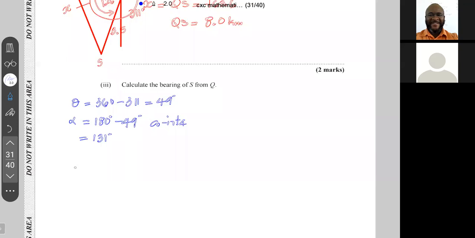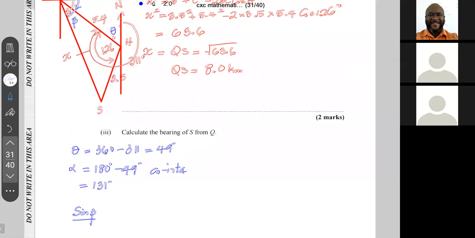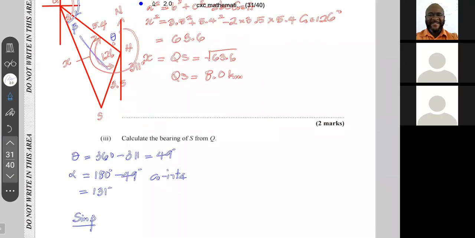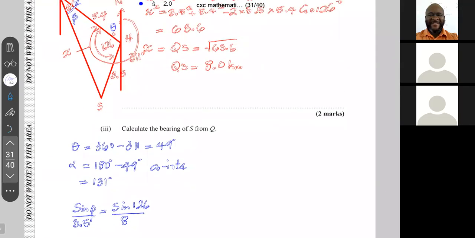So for the sine rule, the sine of beta, because I need beta, over the side opposite to beta, in front of beta, which is 3.5, is equal to the sine of the other angle, which is 126, over the side that is opposite to 126, which is 8. This is the sine rule. Sine 126 over x, which is 8.